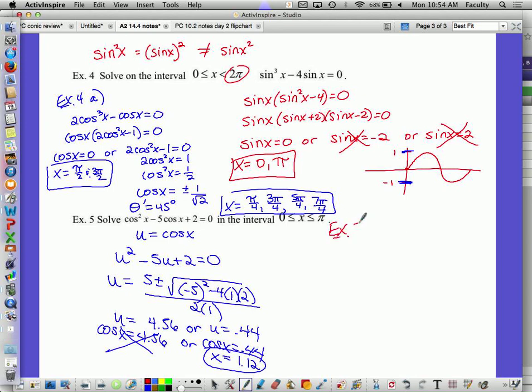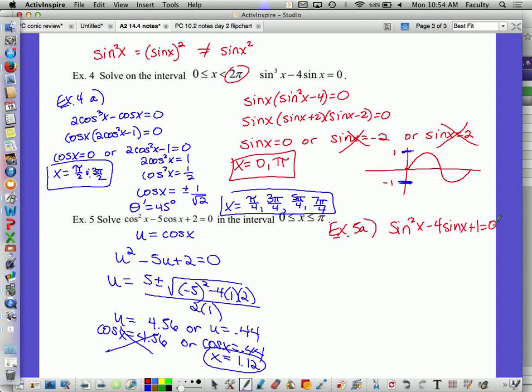Alright, let's try another one, because it sounds like we really need to hit this again. So let's look at sine squared x minus 4 sine x plus 1 equals 0. This time we'll still do 0 to pi. If you look at it, you should take a moment to try to see if it would factor. There's no way to get a 1 to add up to a 4.